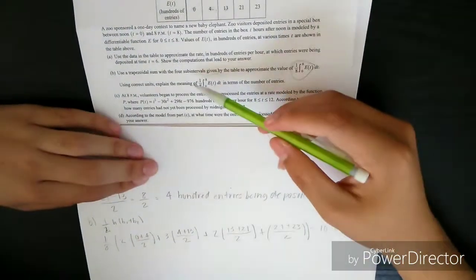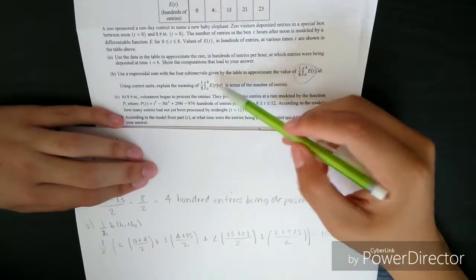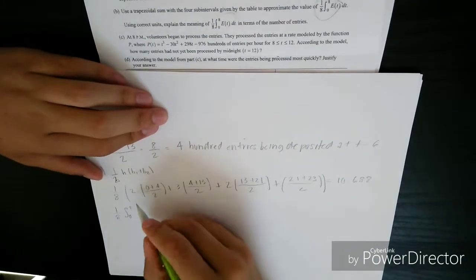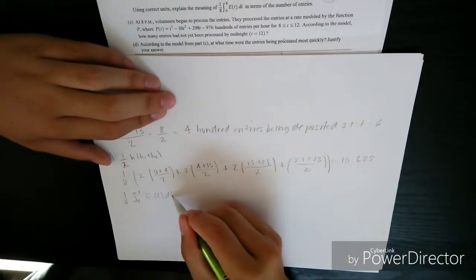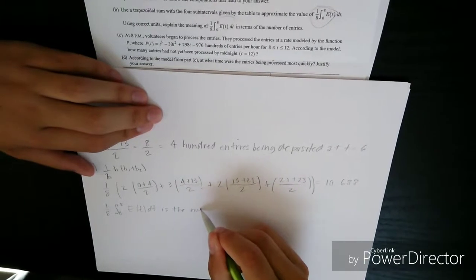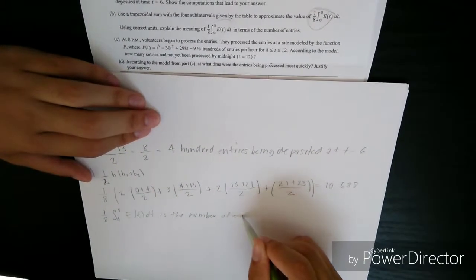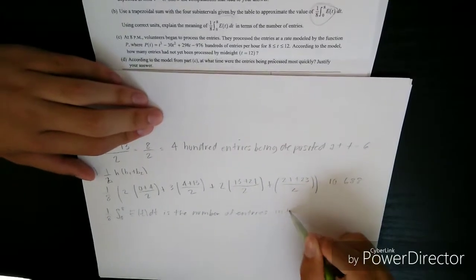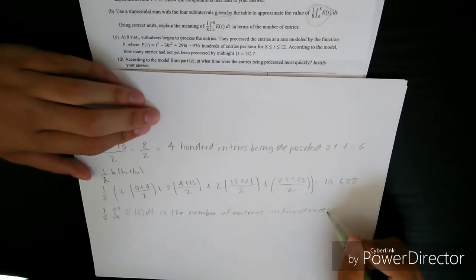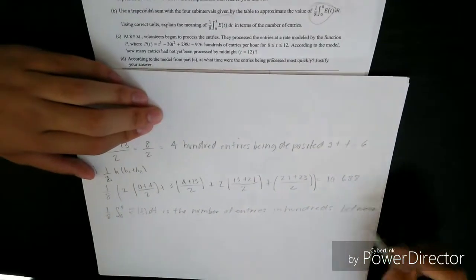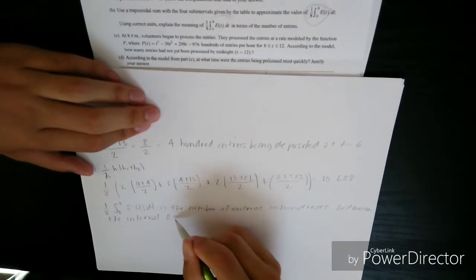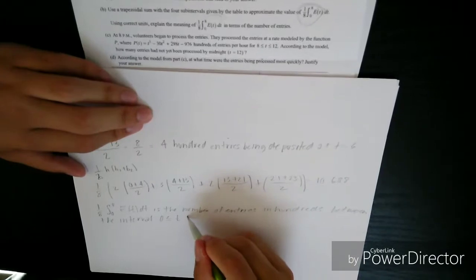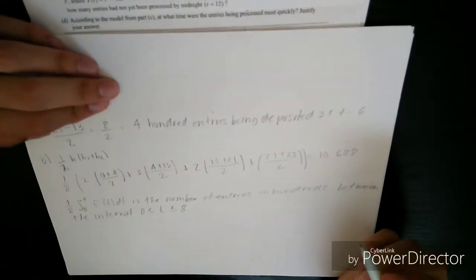Now in terms of the meaning of 1 over 8 integral from 0 to 8 E of t dt, that is the average number of entries in hundreds between 0 and 8. Correct.